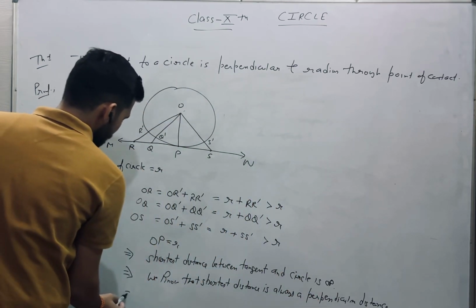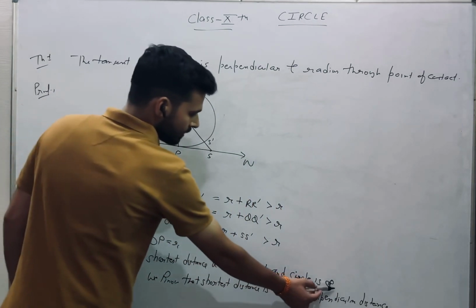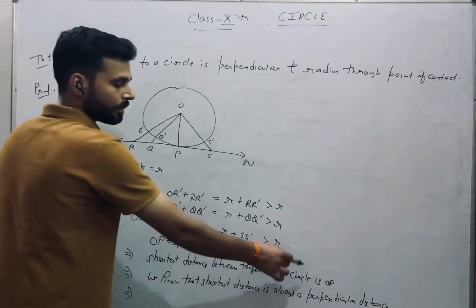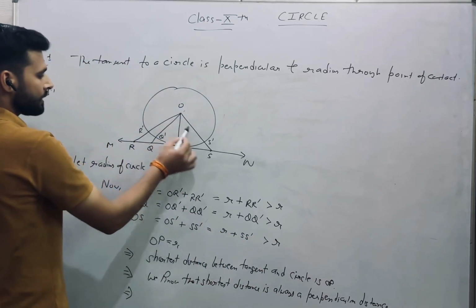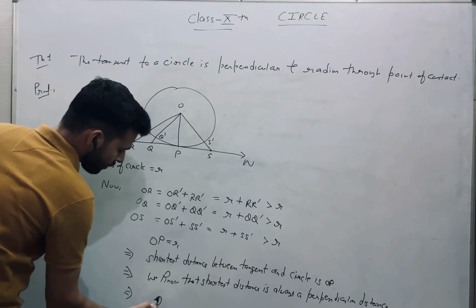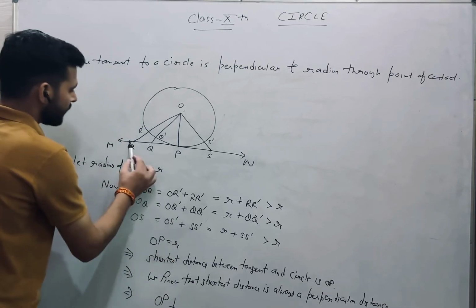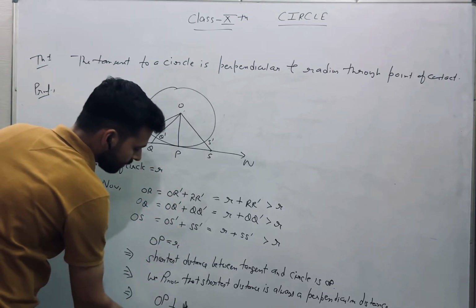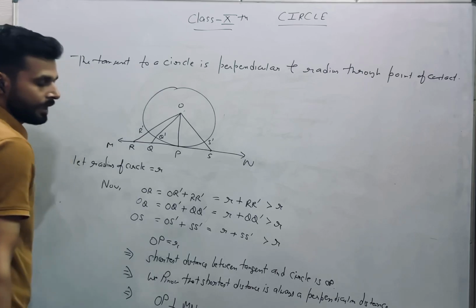Means the shortest distance is OP, so OP will be the perpendicular distance between the center and the tangent, which means OP is perpendicular to tangent MN. So we have proved it.